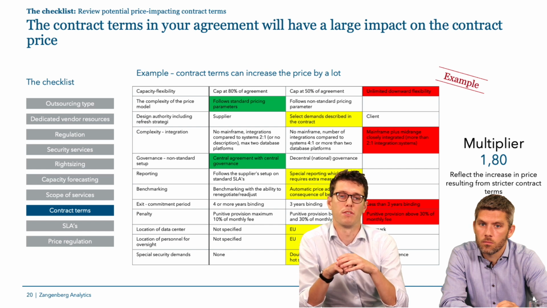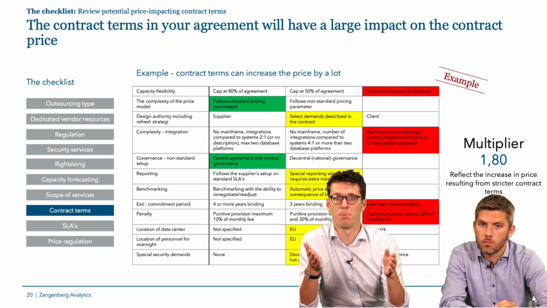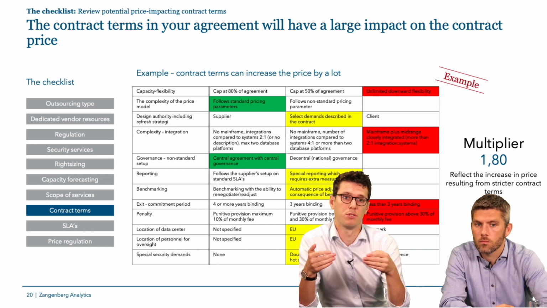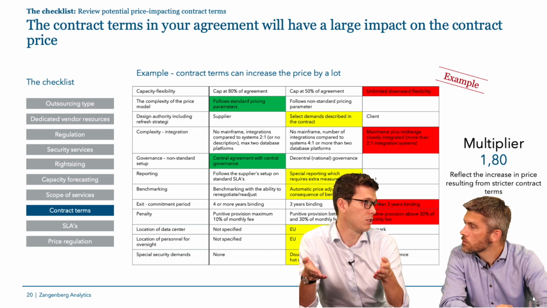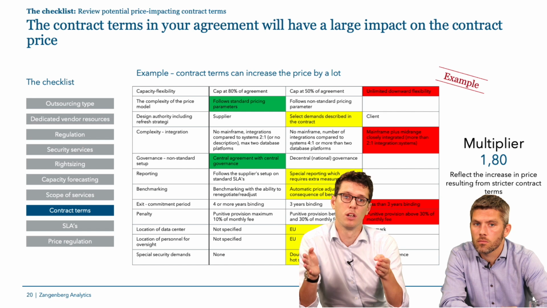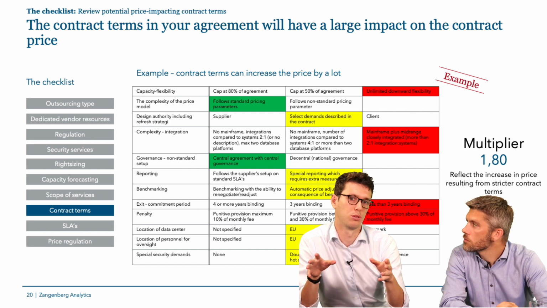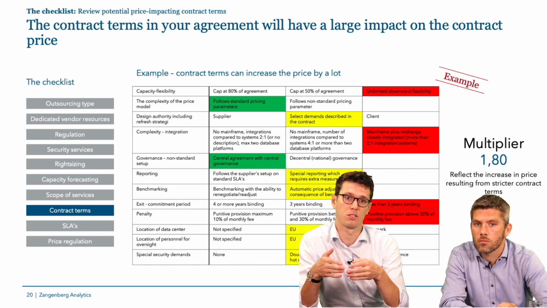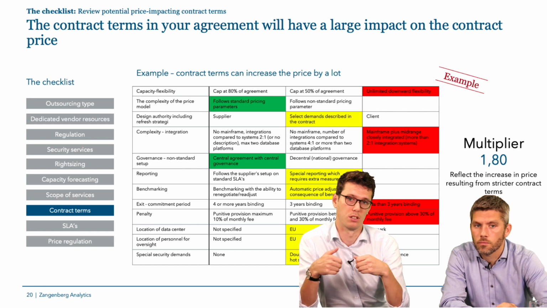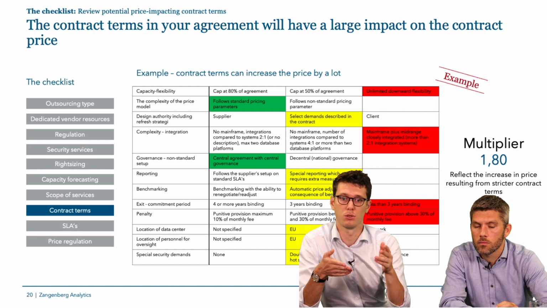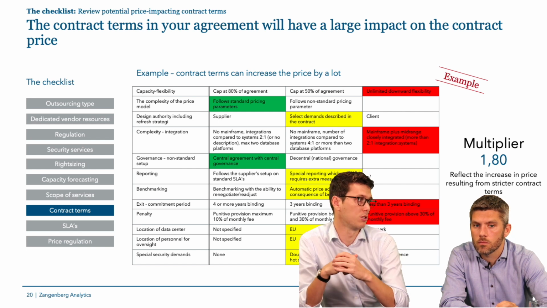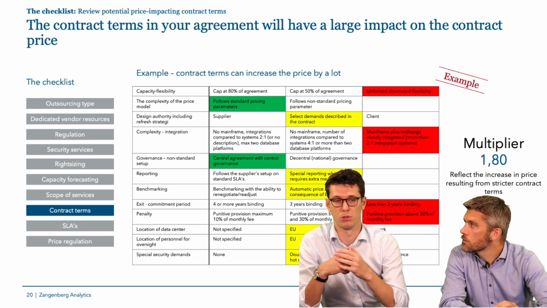So if you look at the top part of the figure, as Dan said, if you expect your capacity to increase by a lot during the contract period, you don't actually need a lot of downward flexibility in your contract, because vendors will capitalize on this risk of you reducing the capacity. So if you expect it to increase, you shouldn't include a strict term saying that you have the right to reduce capacity.